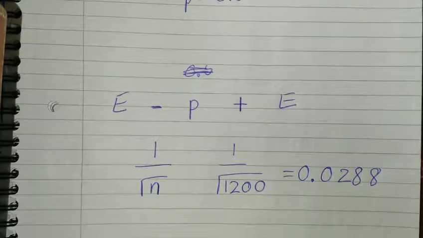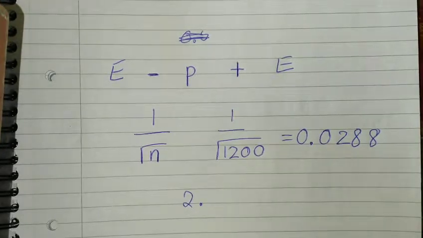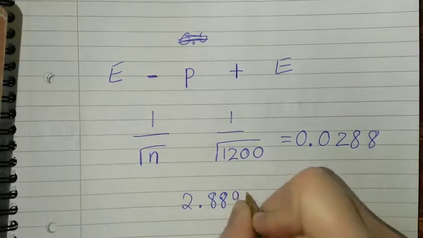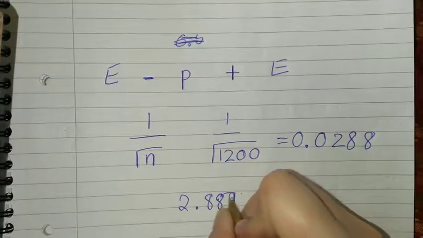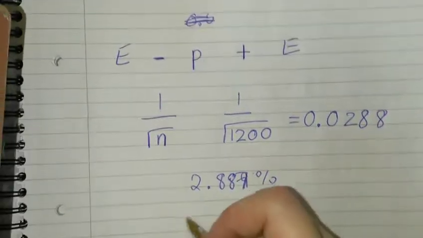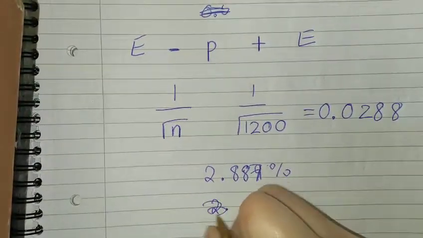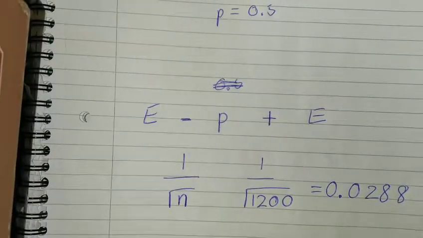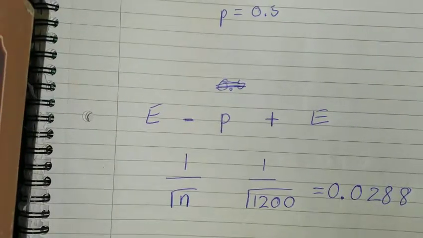They want it as a percentage, so that'll be 2.8898877%, but they want it correct to the nearest percent, so it'll be 3%.